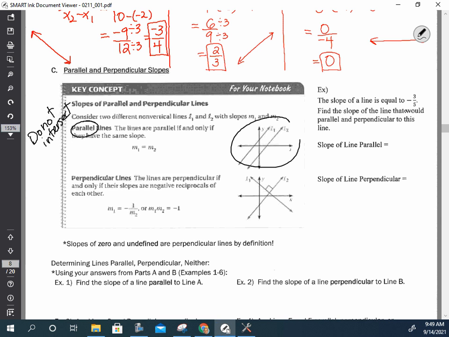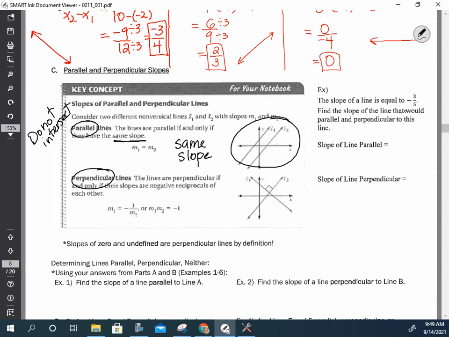So here's an example of parallel lines. Those lines will never intersect. So in order for those lines to never intersect, they have to have the same slope. So both lines have to have the same slope.